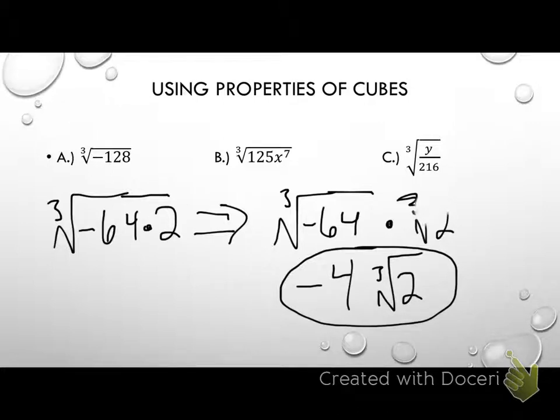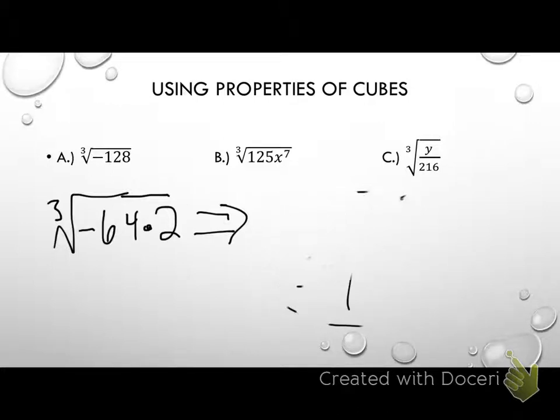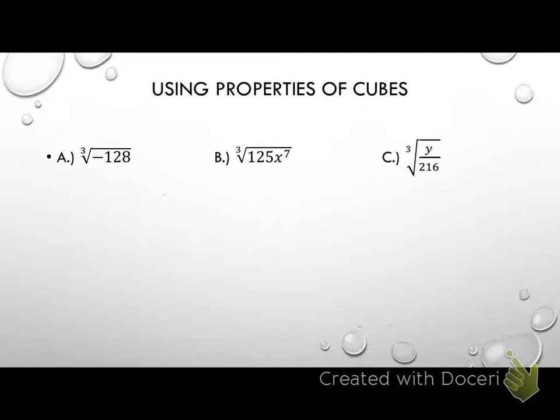So let's look at letter B. We have the cube root of 125 x to the 7th. Now 125 is a perfect cube itself, so I don't have to break 125 down into anything. I can just keep it as 125. Now I need to break x to the 7th down into something that I can take the cube root of.